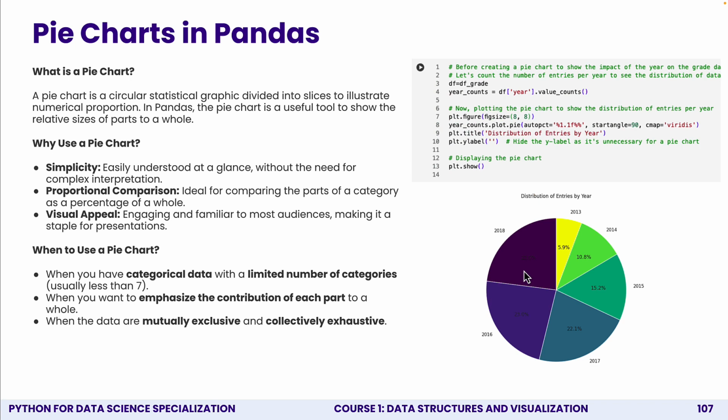Here is the proportion. This is applied on the grade data set, and it counts the number of grades I collected in each year. I can see I have more grades in 2018; in 2013 I taught only one section, and here I taught 2 sections. So I can see the proportion of grades over the different years.